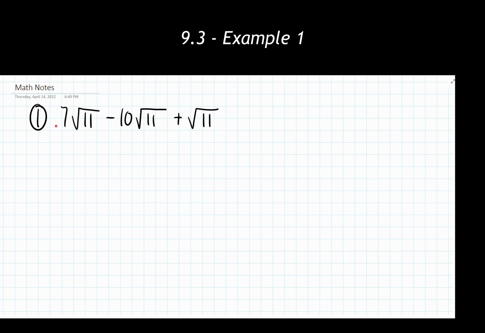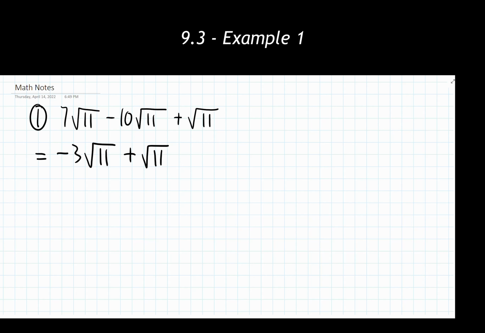I'm going to do two at a time, so I'm just going to add these first two things together, and I'm only adding the coefficients. So I have 7 minus 10, that's going to give me negative 3. The square root 11 comes down exactly as it was. In this instance, it's not changing. Remember, index and radicand don't change. And then the square root 11 at the very end, I haven't done anything with it, so I'm just leaving it there for now.